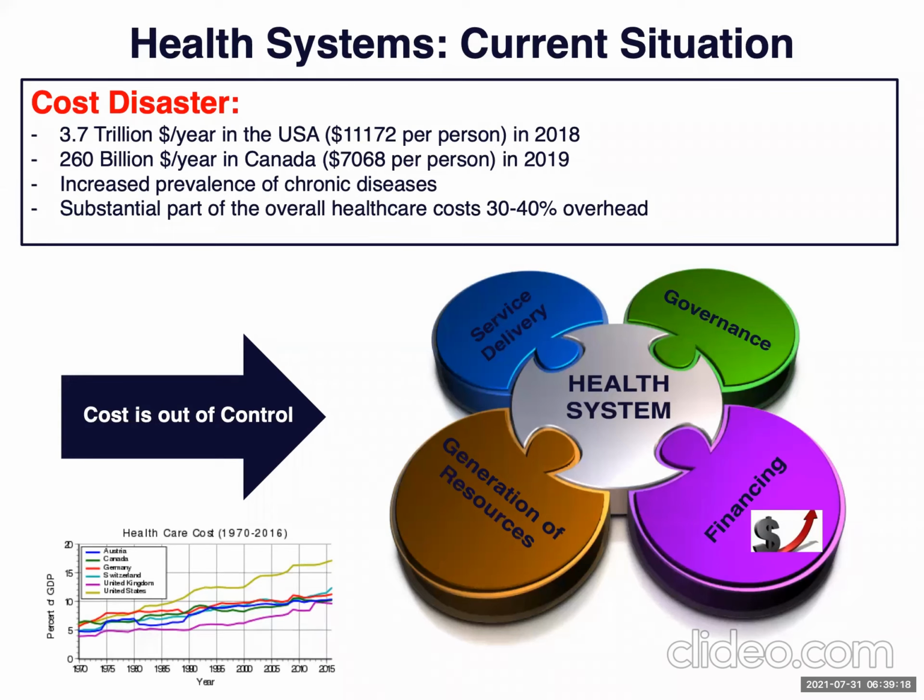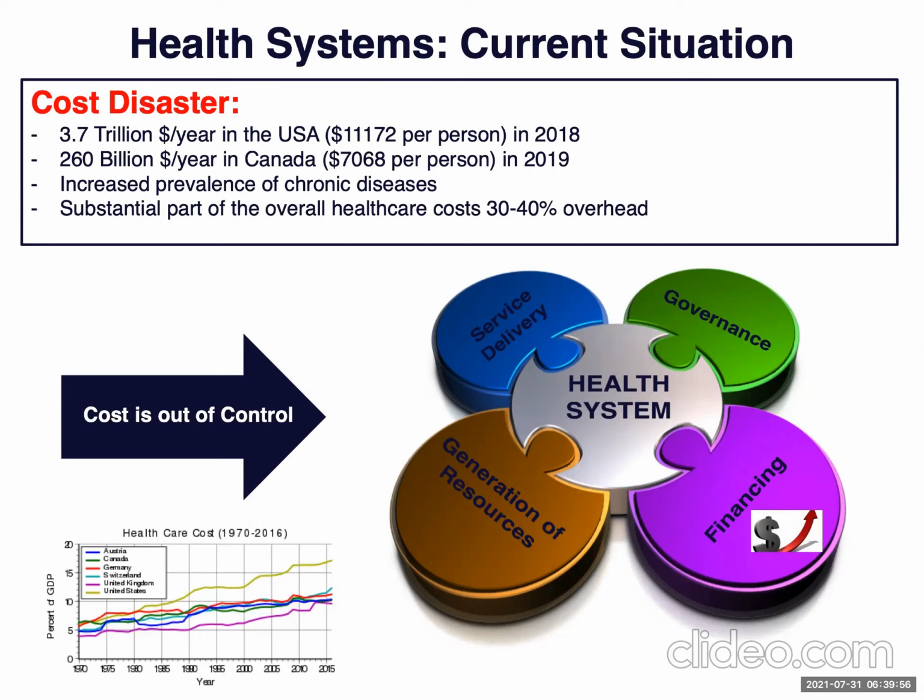So in addition to the cost, we have an increase in the prevalence of chronic diseases, which means that although we are spending billions of dollars in healthcare, the number of chronic diseases is increasing. There's a substantial part of the overall healthcare cost that is overhead. And that's where IT can play a role, in reducing that 30 to 40% of the overhead. What I'm trying to say is that, for example, out of that $3.7 trillion spent in the US, 30 to 40% of that amount is overhead.